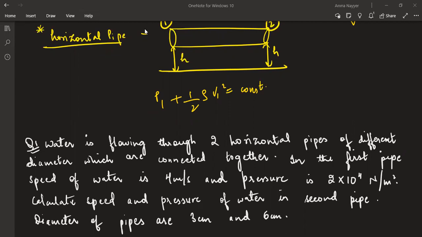Yes, you will use A1 V1 is equal to A2 V2. Then only this question will be solved.